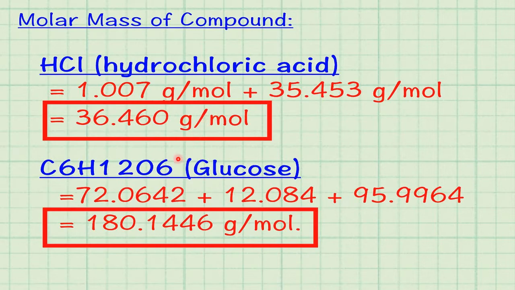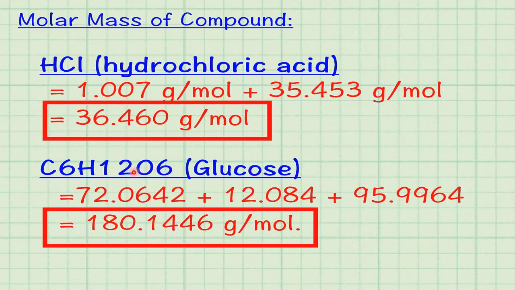Now we'll go to the second example, to calculate the molecular mass of a very important molecule, glucose. Its formula is C6H12O6. Three different kinds of atoms are there: carbon, hydrogen and oxygen. There are 6 carbon, 12 hydrogen and 6 oxygen atoms in one molecule of glucose.